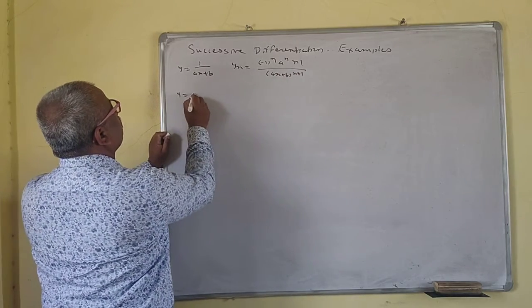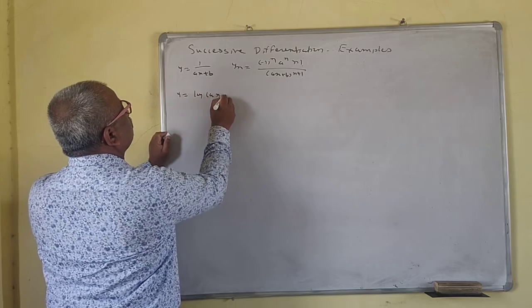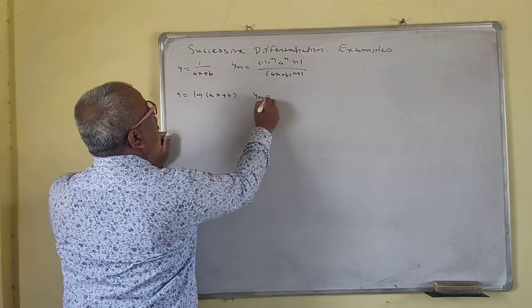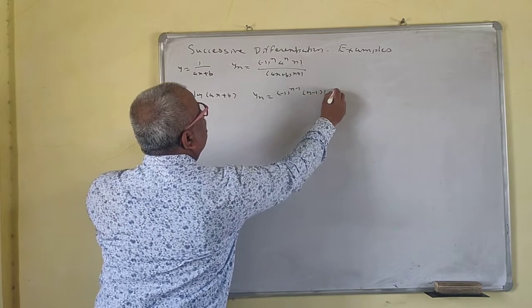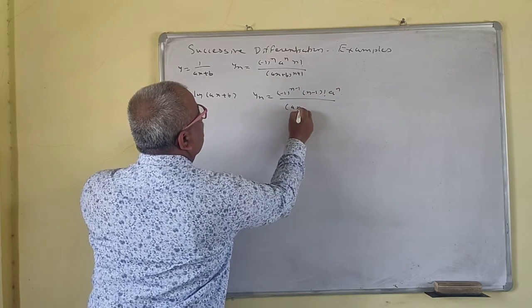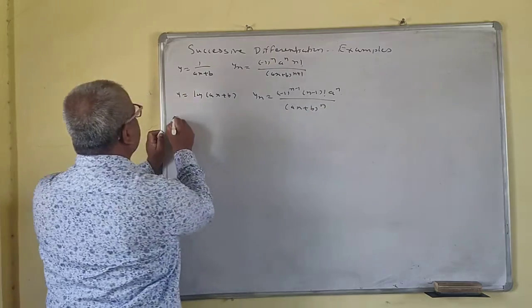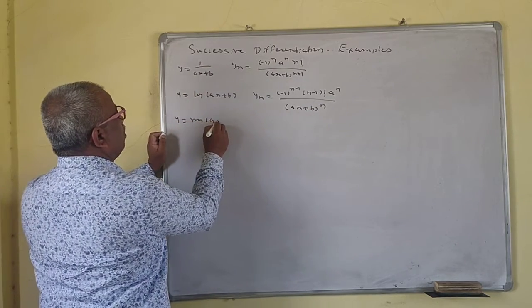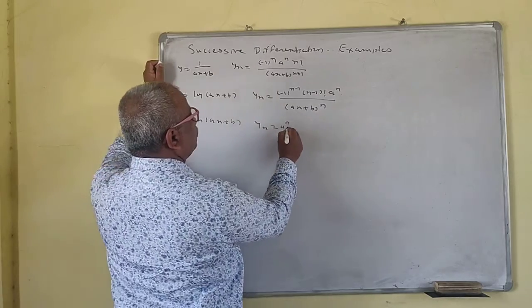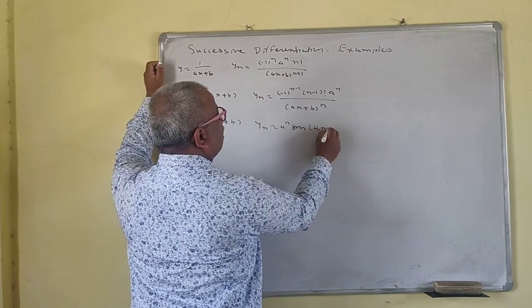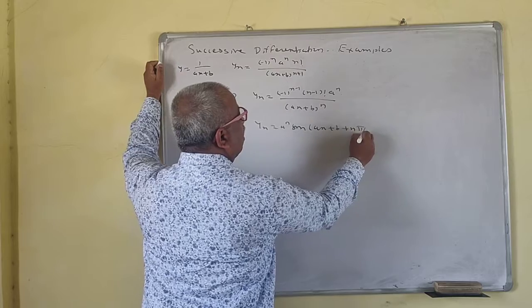If y is equal to log of ax plus b, then yn is equal to minus 1 raised to n minus 1, n minus 1 factorial, a raised to n upon ax plus b raised to n. If y is equal to sine of ax plus b, then yn is equal to a raised to n sine of ax plus b plus n pi by 2.